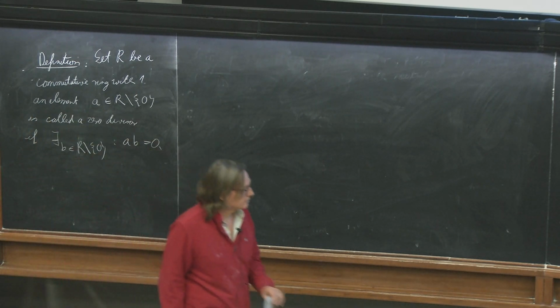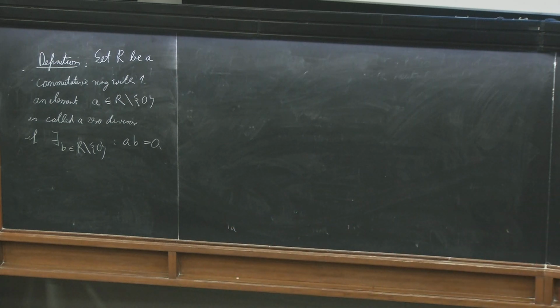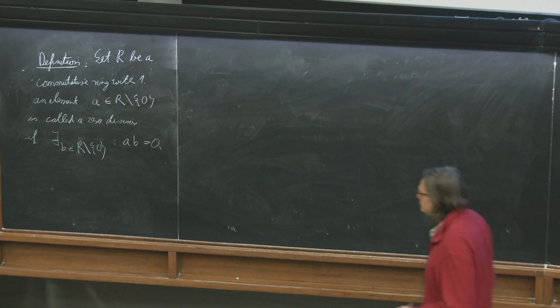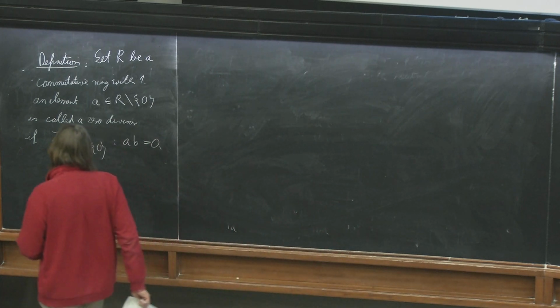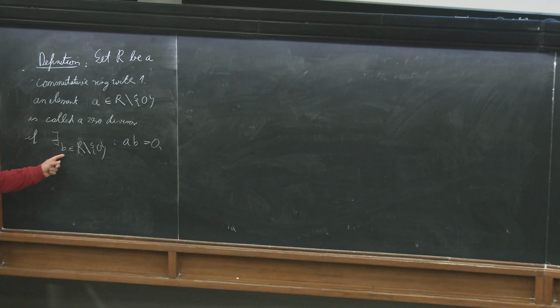We had seen here that if we multiply anything by 0, we get 0. But if there's no other way to get 0, then we say the ring doesn't contain 0 divisors.